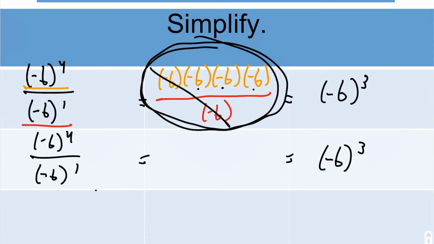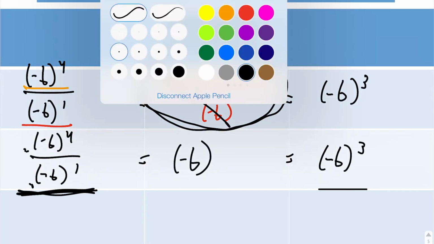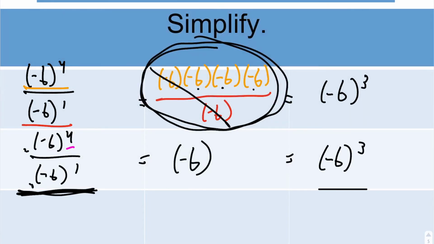So what pattern do you see from this expression to its simplified expression? What do you notice about the base? Well, the base stays the same, negative 6 and negative 6. But how do we get from this exponent 4 and 1 to 3? What do we do with the exponents?